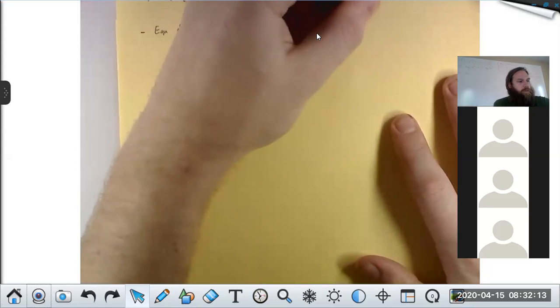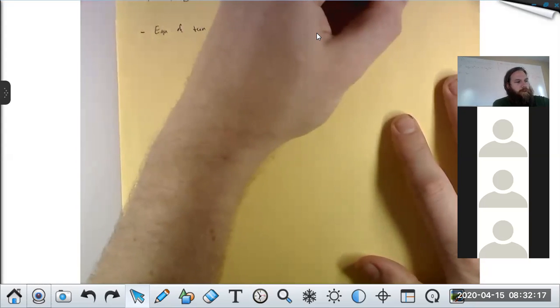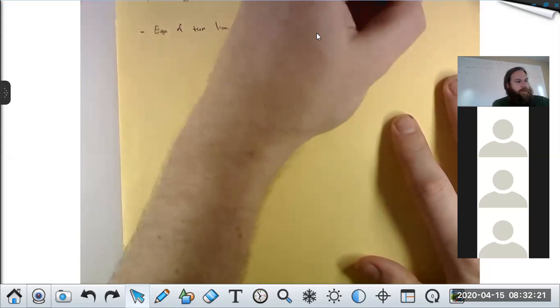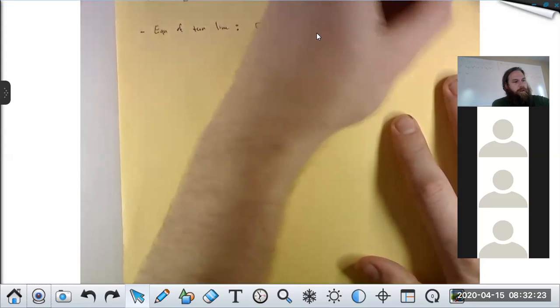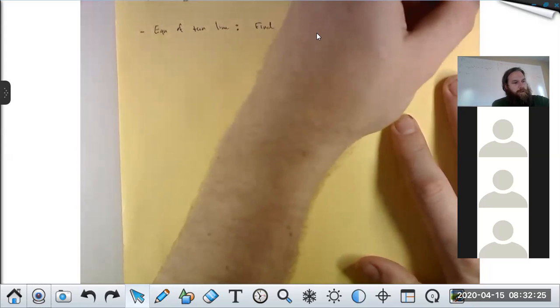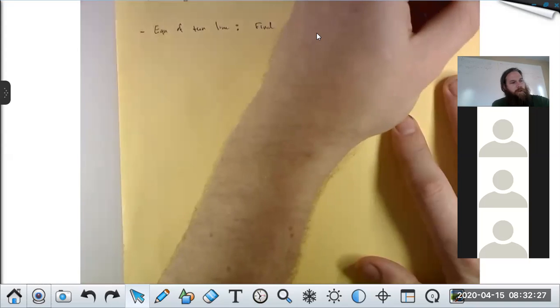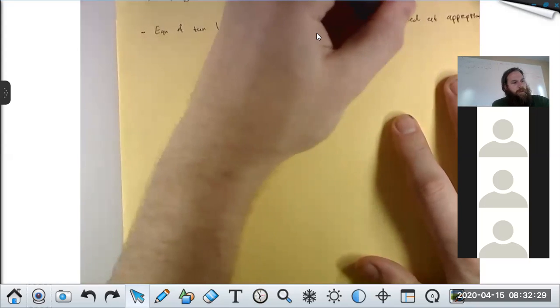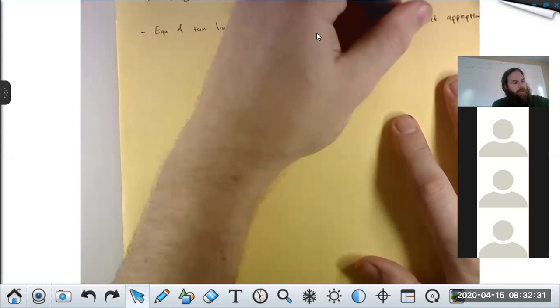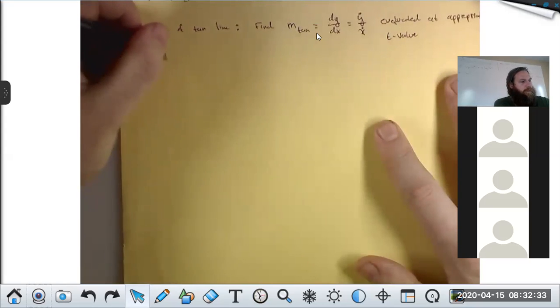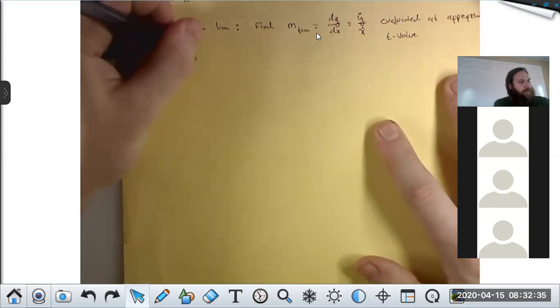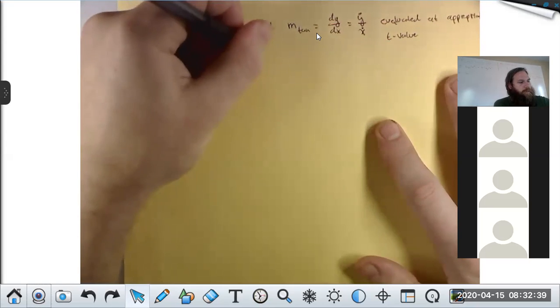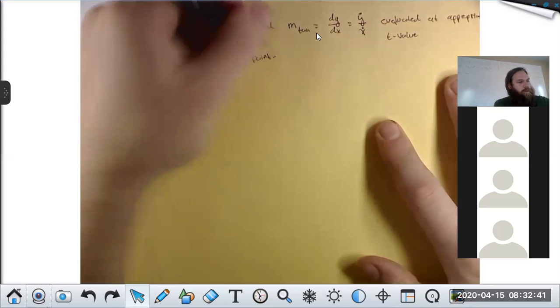Which is y dot over x dot, and you're going to evaluate at the appropriate t value, then plug into point slope.